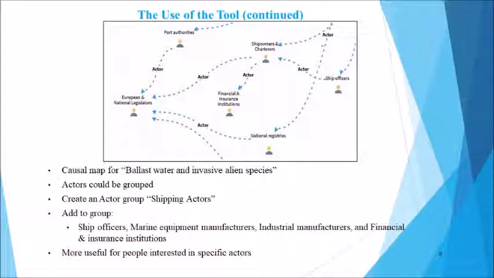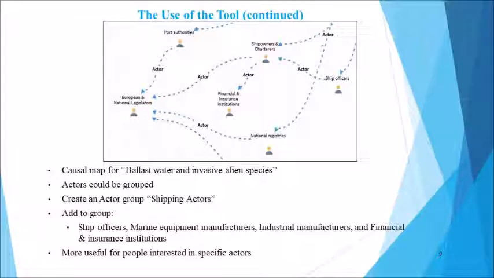So when we reviewed this causal map, we feel that it would be beneficial to group the actors into groups. So a way of doing that would be to create an actor group, shipping actors, and then in the shipping actors group we could add ship officers, marine equipment manufacturers, industrial manufacturers, and financial and insurance institutions.